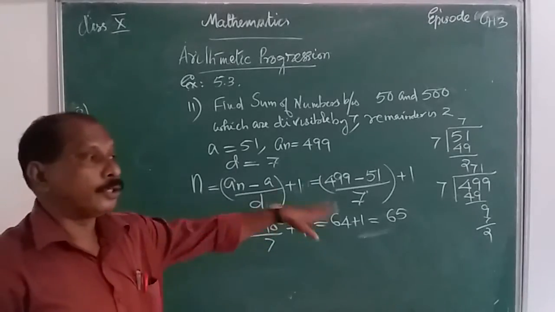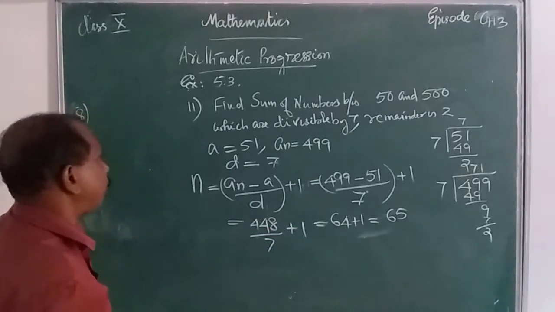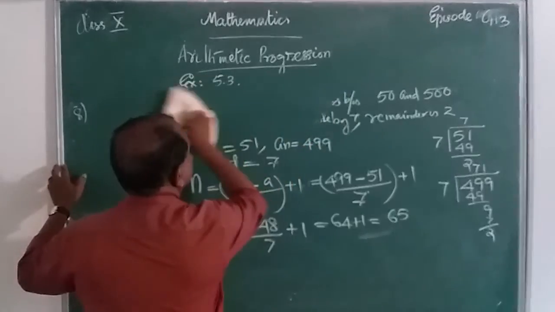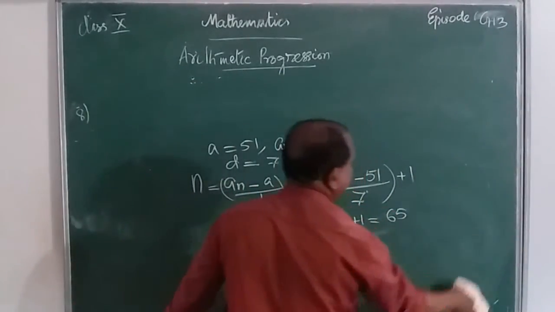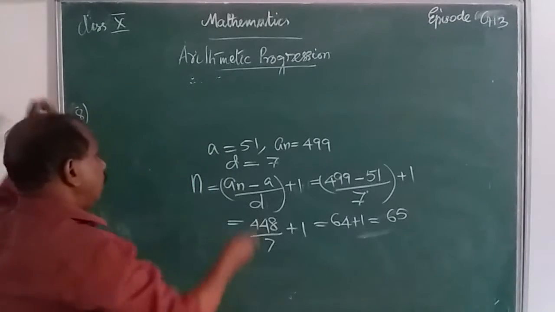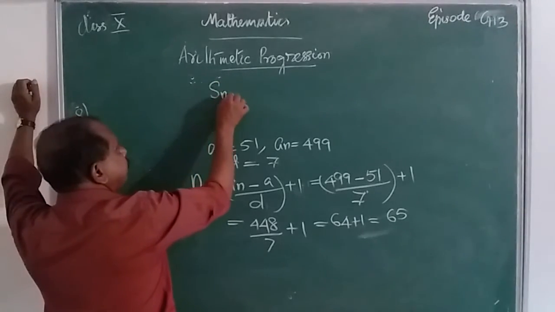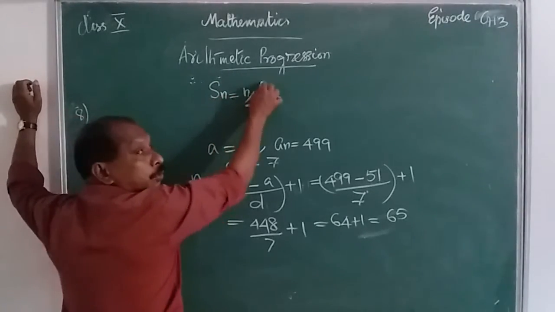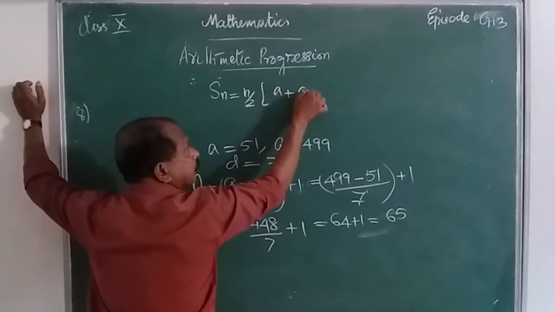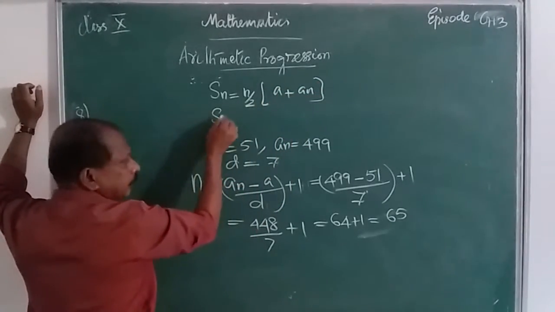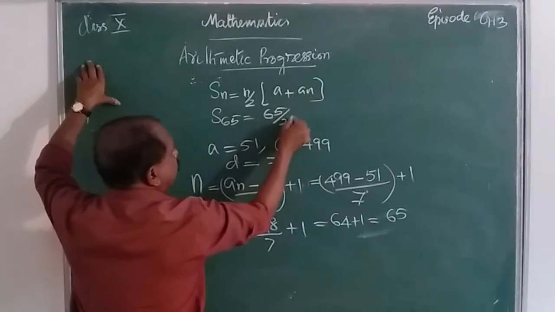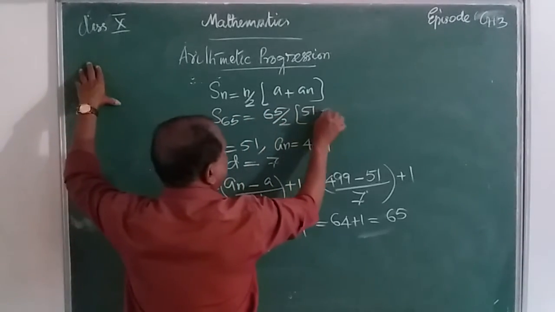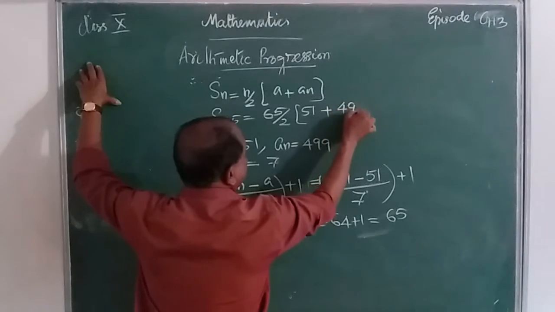The remainders are 2. Therefore, what is Sn? n by 2 into (first term plus last term). That is S65 is equal to 65 by 2 into (a, that is 51, plus l, that is 499).